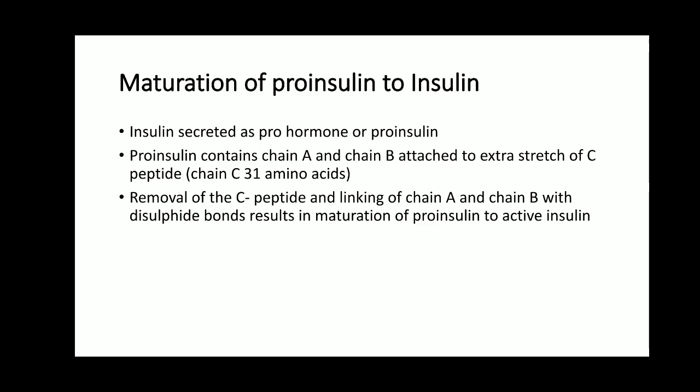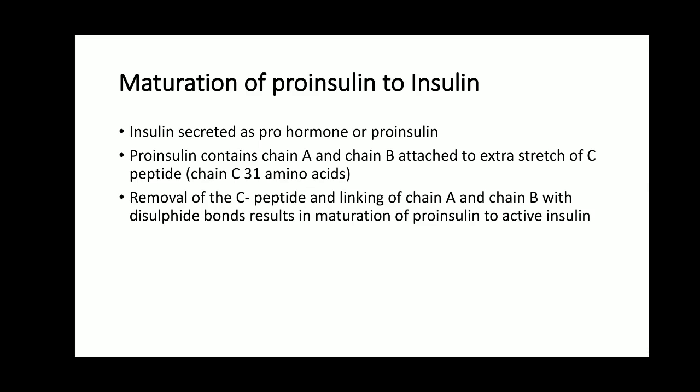Usually, initially, it is formed in the human body as well as in other mammals as proinsulin, which is inactive insulin, and this inactive insulin contains chain A and chain B linked with chain C. Chain C is going to link chain A and chain B, and this chain C contains 31 amino acids.